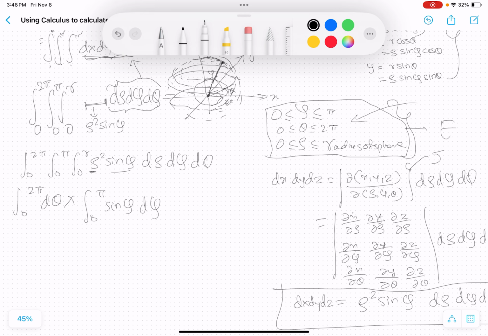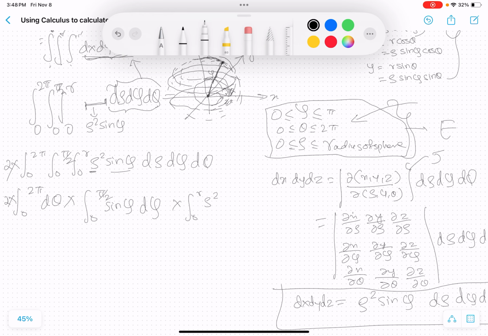So that's why I will just allow phi to go from 0 to pi by 2, so that all the volume that we get will be positive volume, and I can multiply this result by 2, so that will give me the entire volume. That's just the idea to avoid the answer being 0 and get the actual result. So I'm doing that over here. Okay, and then 0 to r rho square d rho.